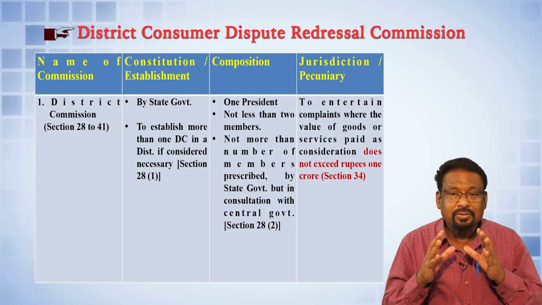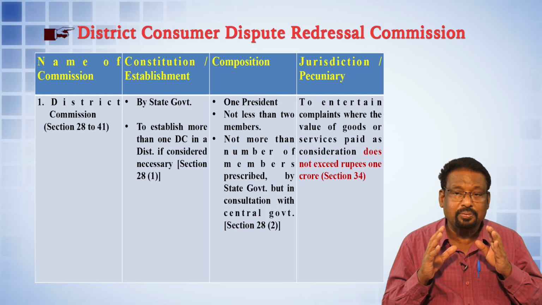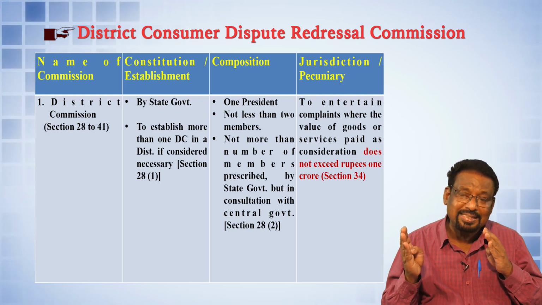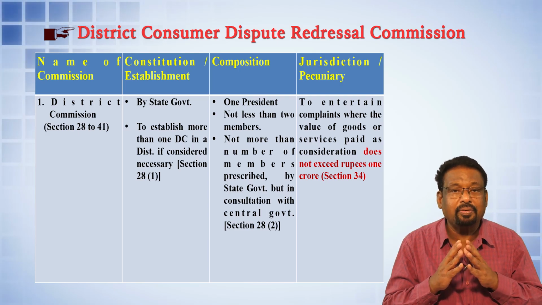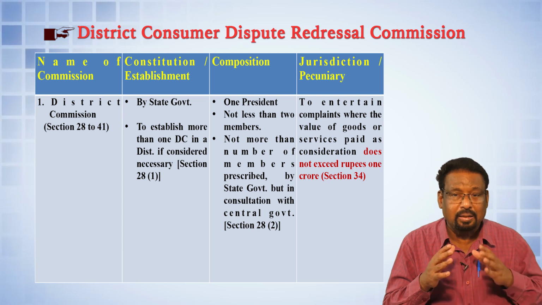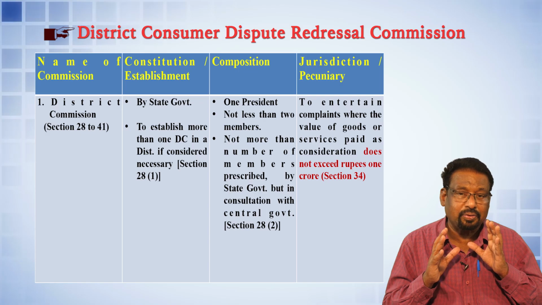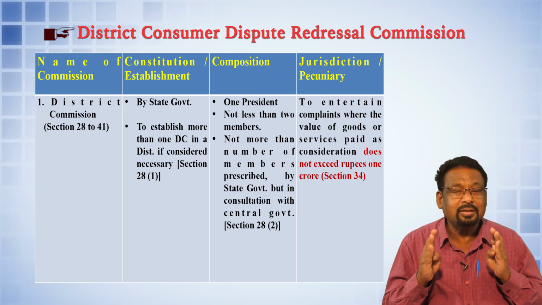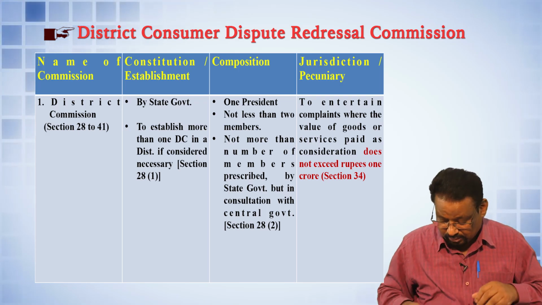Then with respect to financial jurisdiction, if the value of the goods and services is less than 1 crore, then the district commission is the appropriate first forum to entertain the complaint. So for goods or services valued at 1 crore or less, the complaint has to be filed before the district consumer redressal commission only.